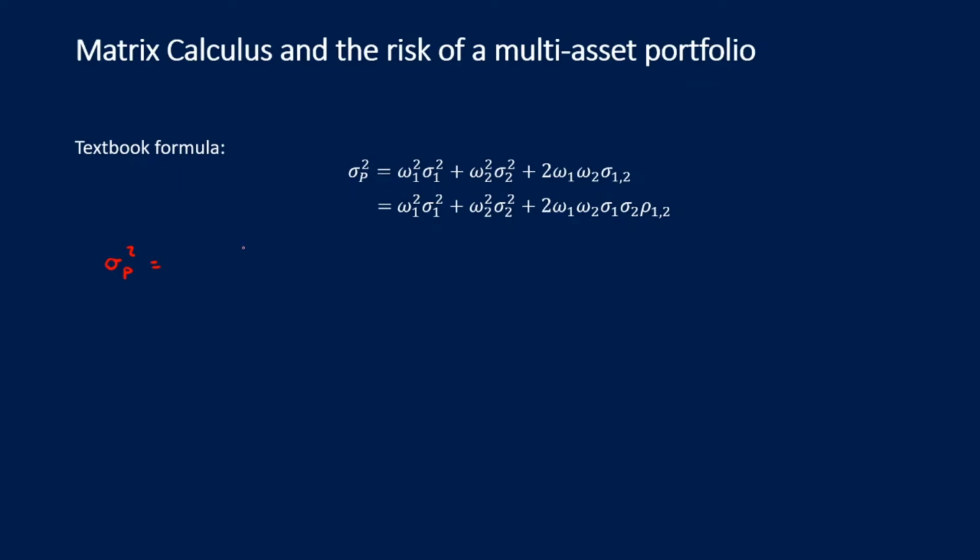Looking at this formula, this variance is given by a vector of weight 1 and weight 2, times the covariance matrix, and again multiplied by the same vector.